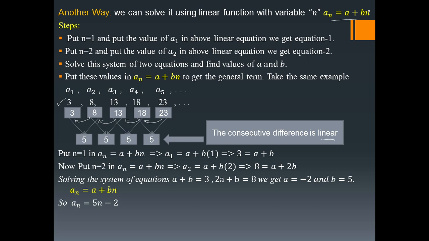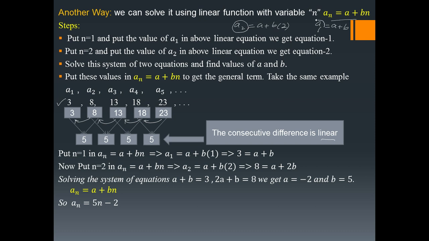We will put n is equal to 1 in this, so we will be getting a1 is equal to a plus b multiplied by 1, and then we will put the value of a1. Similarly, we will put n is equal to 2 in this, so we will be getting a2 is equal to a plus b multiplied by 2, and then we will put the value of a2.